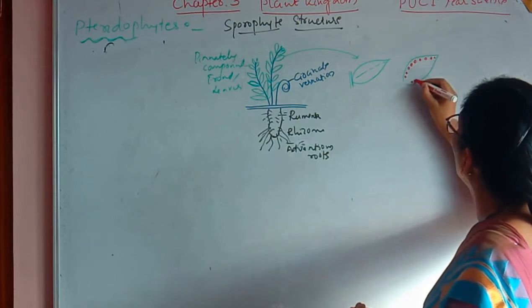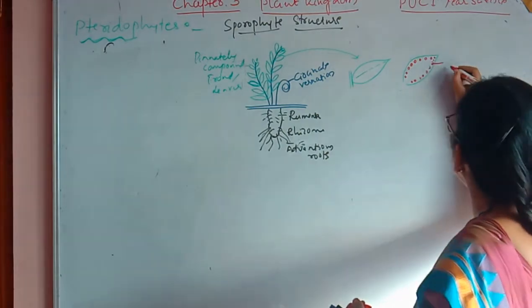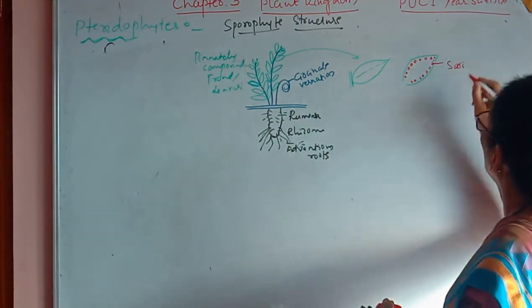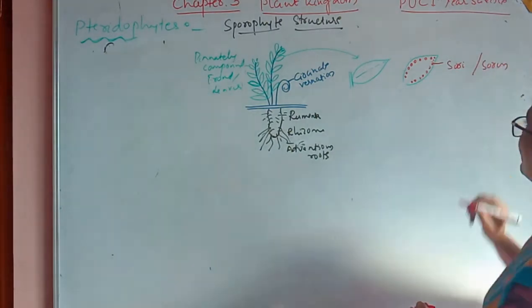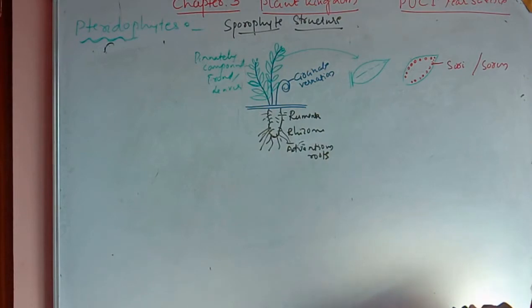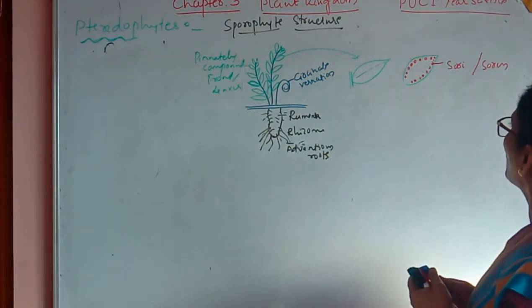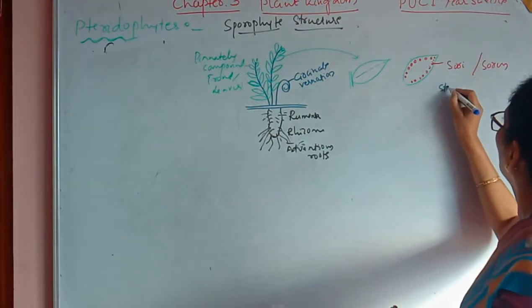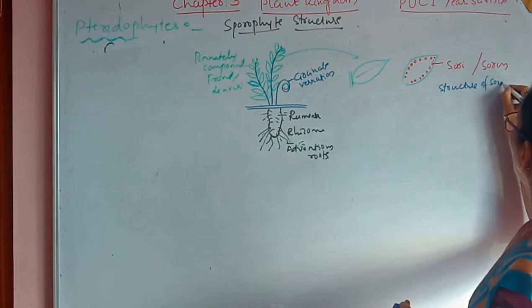These are called the sori, single sorus. Within the sori, sporangia are present. Let us draw the structure of a sorus.